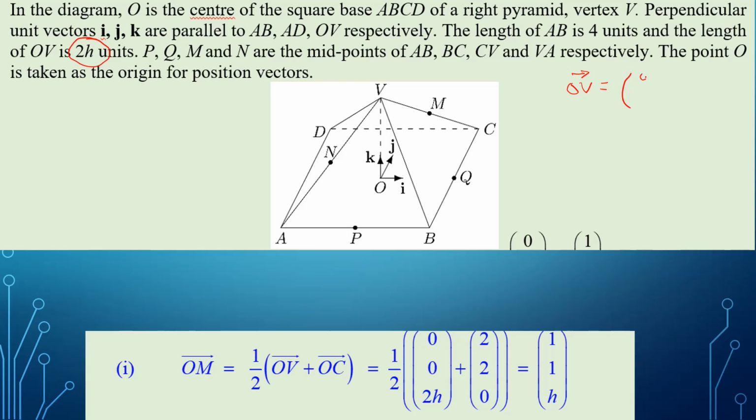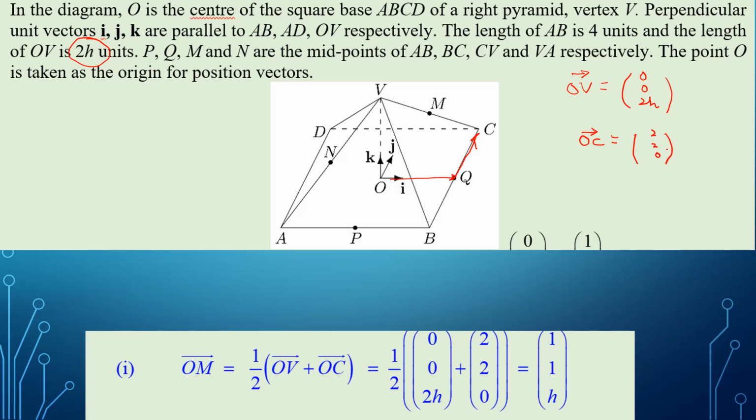So OV must be (0, 0, 2h). And what is OC? From your interpretation of the diagram, it is 2 units in the i direction and 2 units in the j direction. So it is (2, 2, 0). That is actually your OC.